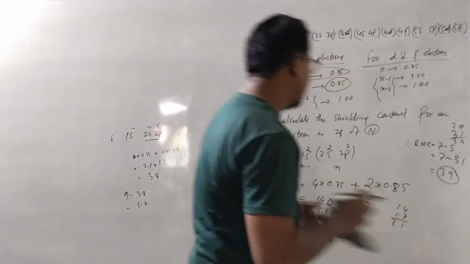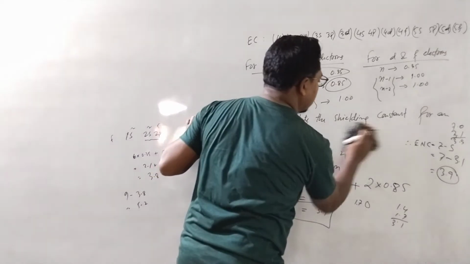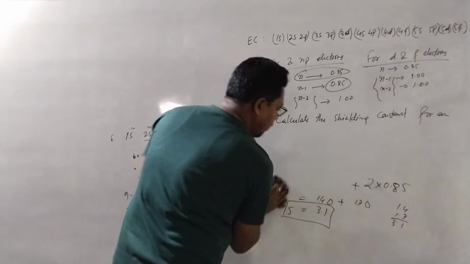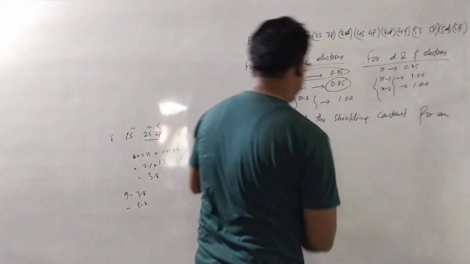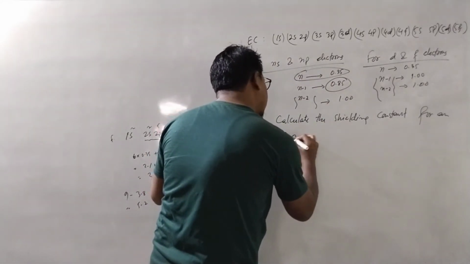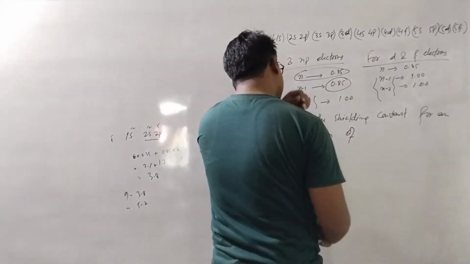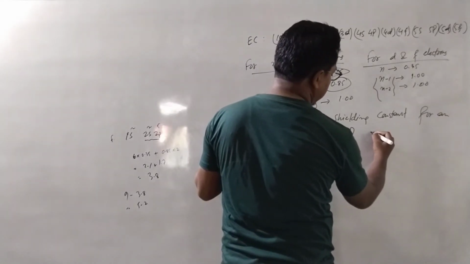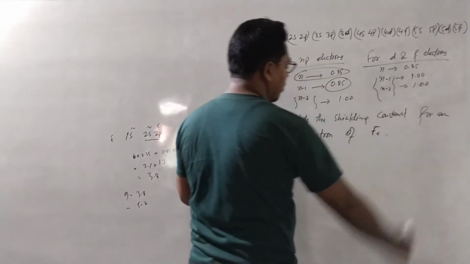So similarly we can calculate the shielding constant for a 3d electron of, suppose, iron.